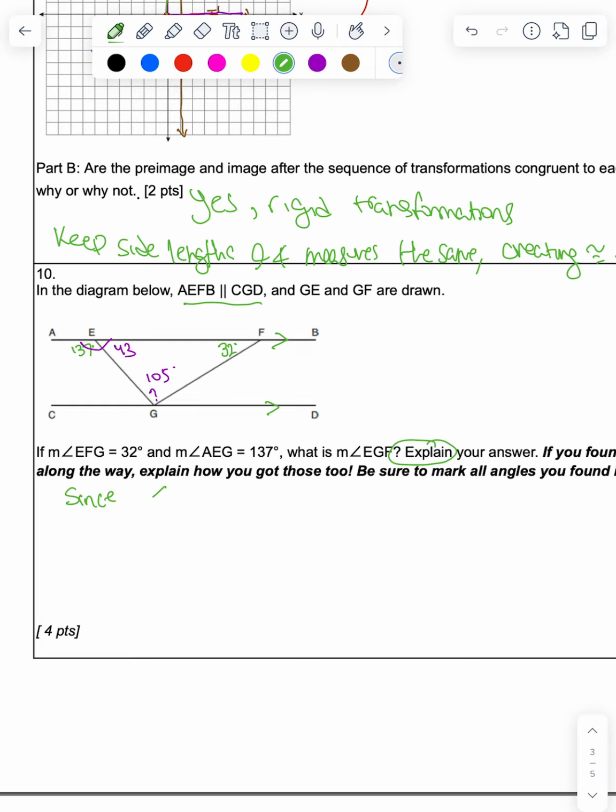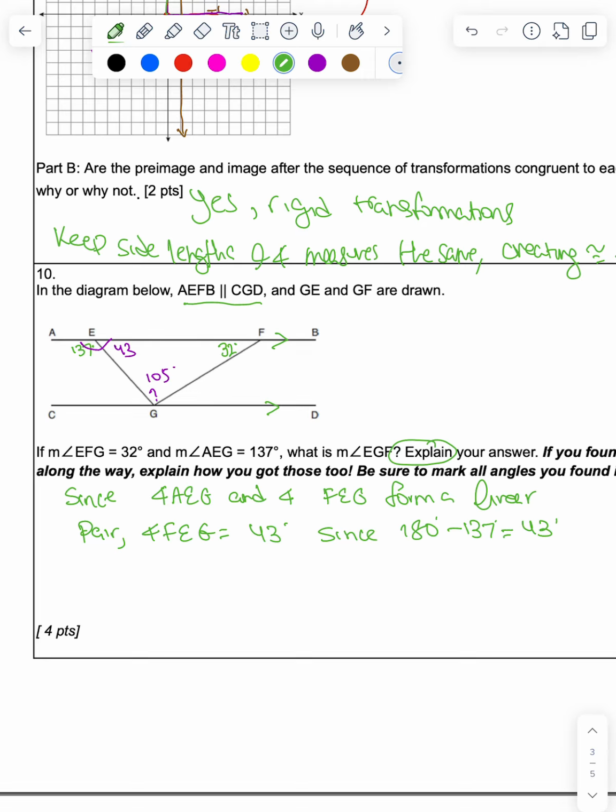Since angle AEG and angle FEG form a linear pair, angle FEG is 43 degrees, since 180 minus 137 equals 43 degrees.